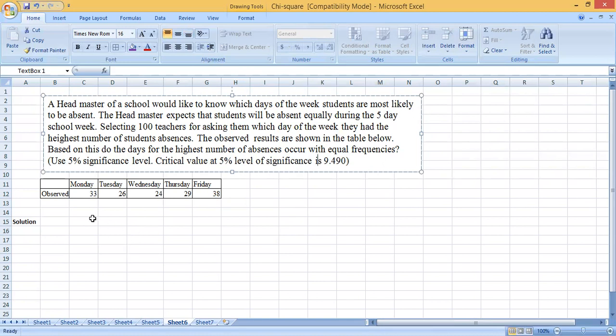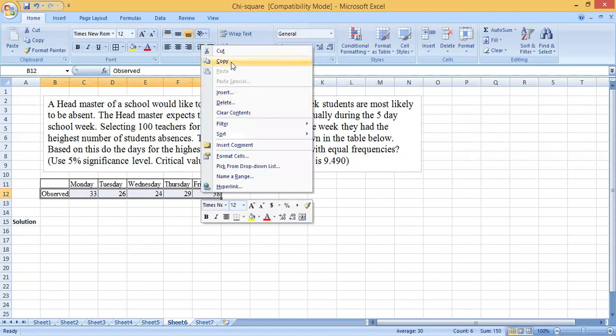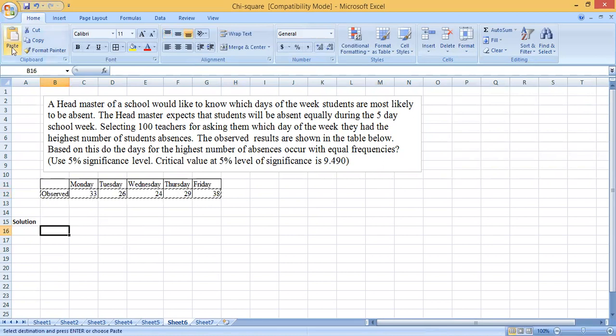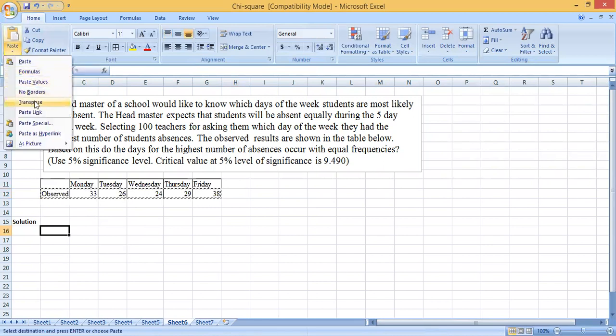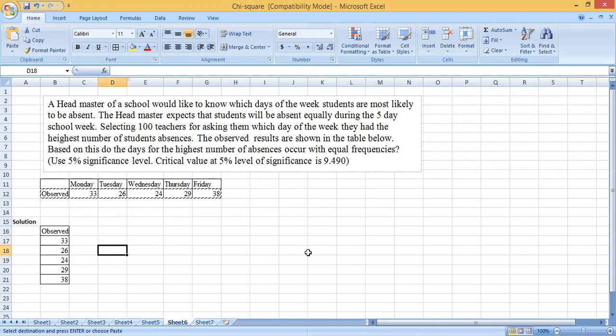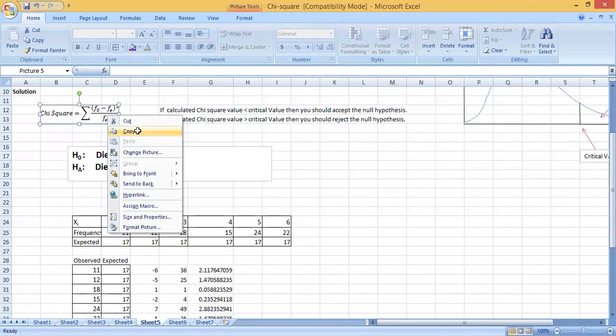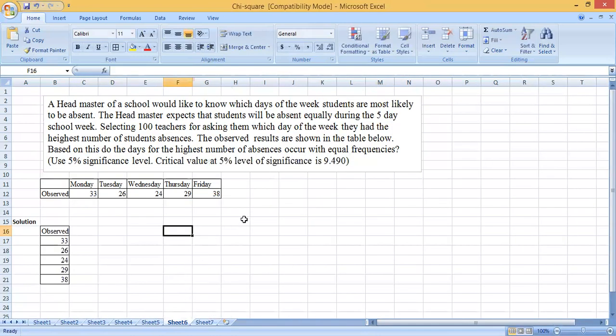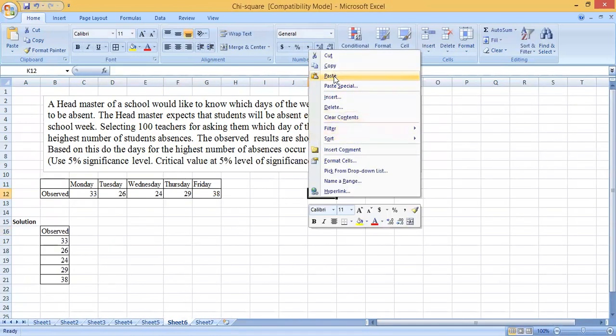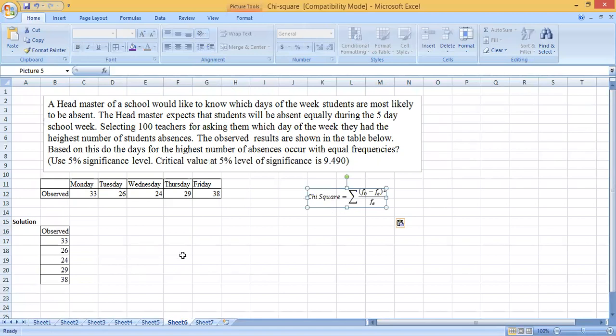In the same way, this is the observed value, and now I copy it and paste it. Now what is the formula? The formula is here. I copy it and paste it. This is the formula, observed, and there is no expected.